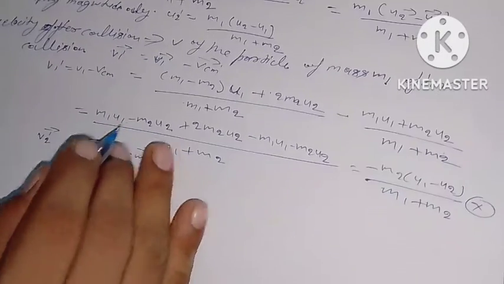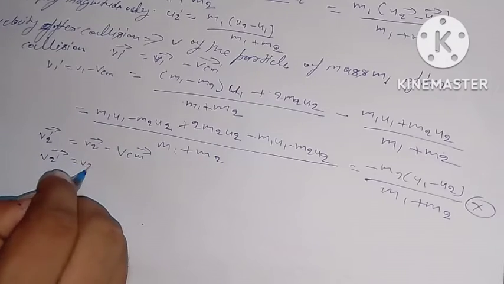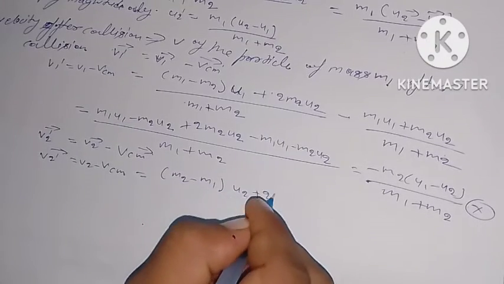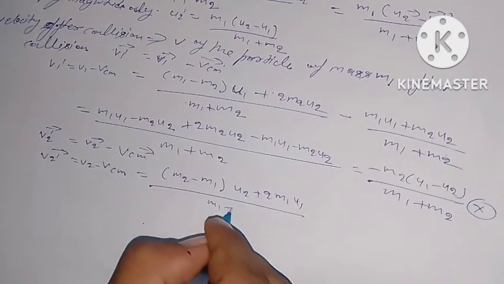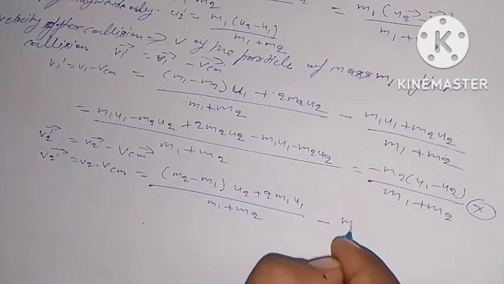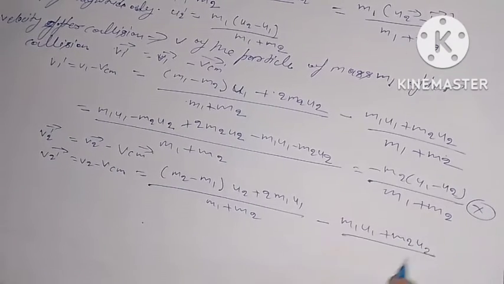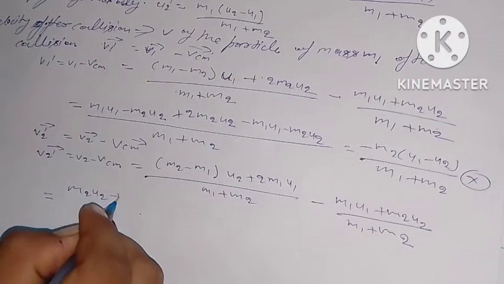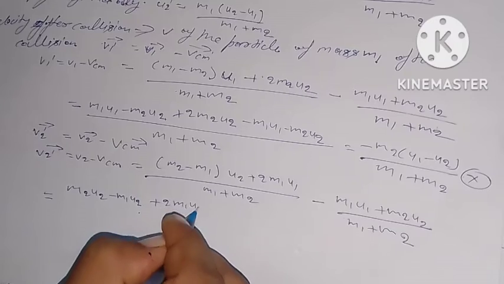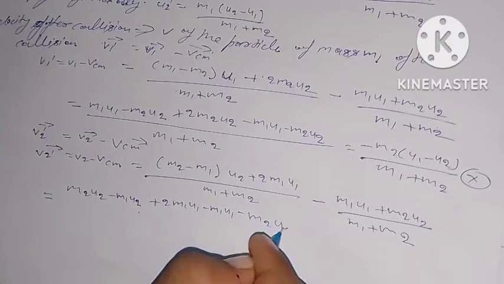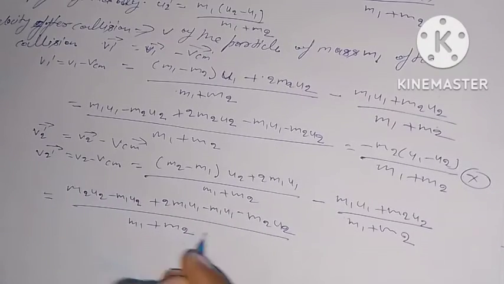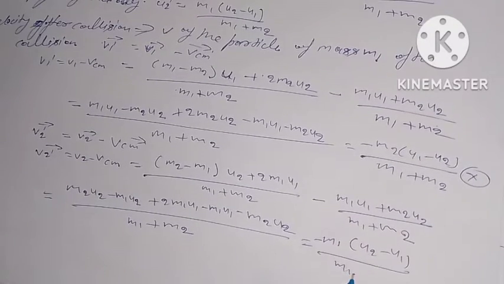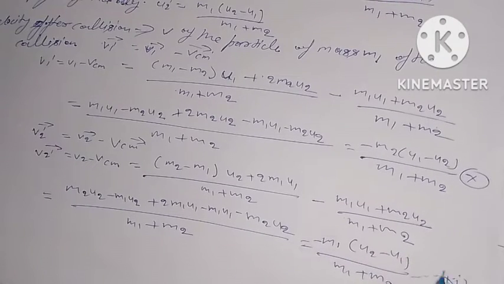Taking magnitude only, v2 dash equals v2 minus VCM, equals m2 minus m1 u2 plus 2 m1 u1 whole upon m1 plus m2 minus m1 u1 plus m2 u2 whole upon m1 plus m2, equals m2 u2 minus m1 u2 plus 2 m1 u1 minus m1 u1 minus m2 u2 whole upon m1 plus m2, equals minus m1 u2 minus u1 whole upon m1 plus m2. This is equation number 11.